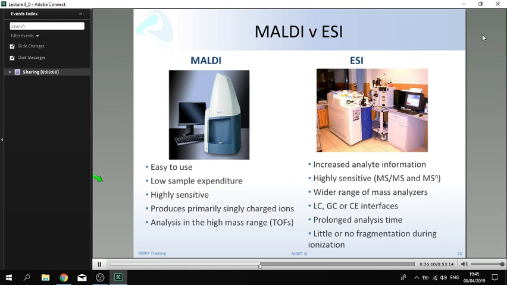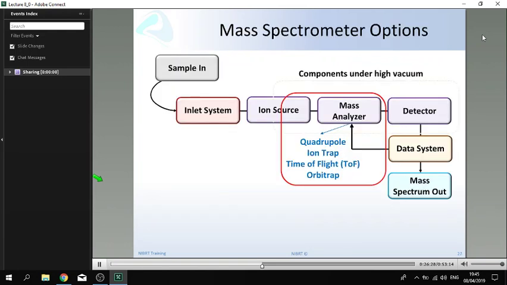And as I said, you can have an interface such as liquid chromatography, gas chromatography, or capillary electrophoresis before you couple it with ESI. But it takes a longer time to analyze your sample using ESI. The good thing is that you get little or no fragmentation during ionization, so you're not going to get a huge amount of data that you cannot really make sense of.